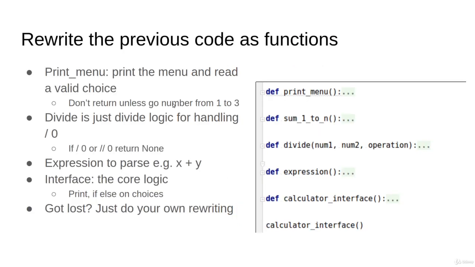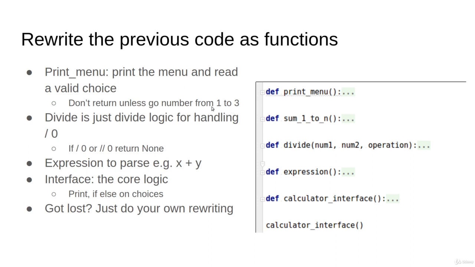In this program, we are going to rewrite the previous code, but using functions style. To make it easier for you, I am already showing you what these functionalities are. The functionalities are some function print menu, which will print the menu choices and then read the choice from the user.